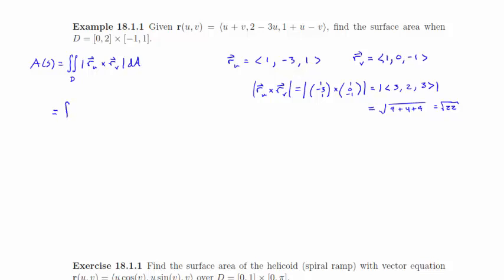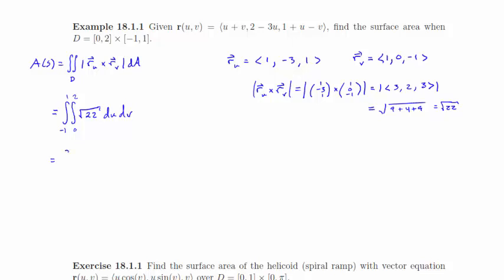Alright, so our integral becomes a double integral. In the u direction, we're doing 0 to 2, and negative 1 to 1 in the v direction. Our magnitude of our cross product is nicely just a constant here. And then we do this with respect to u and then with respect to v second.